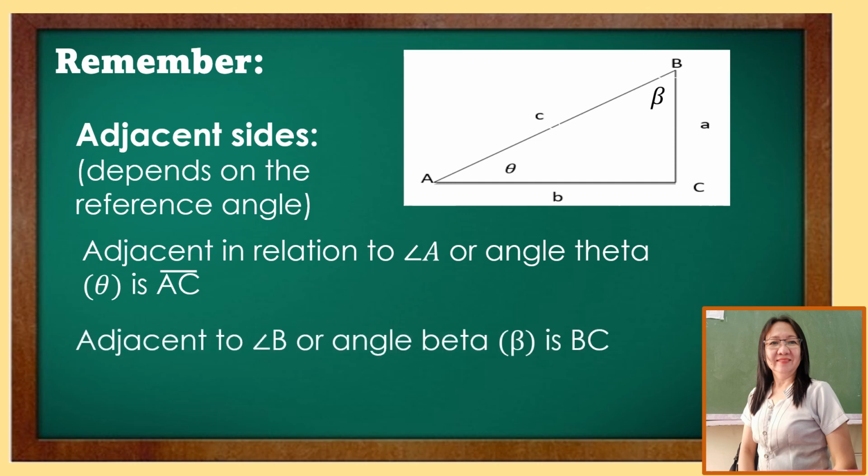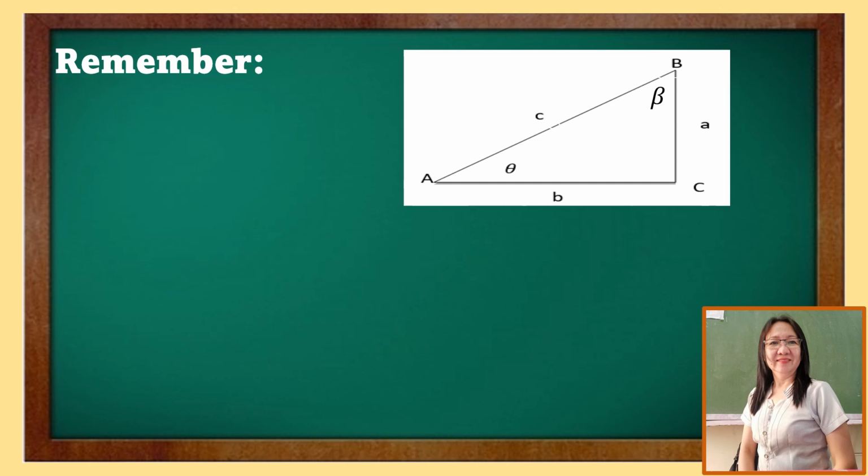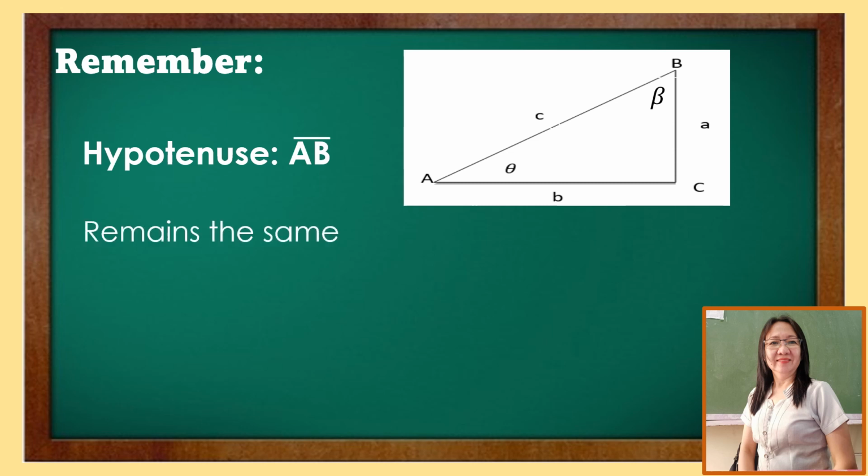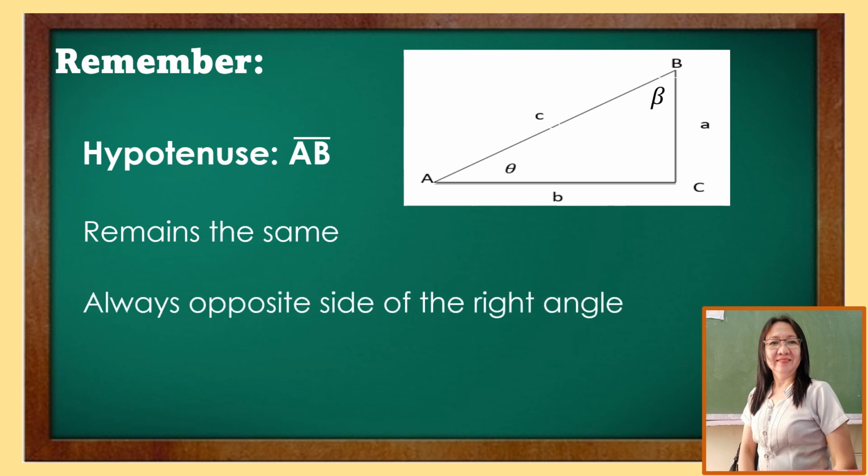And adjacent to angle B or angle beta is our side BC. And of course, the hypotenuse, which is referring to side AB, remains the same, for it is always opposite the right angle.